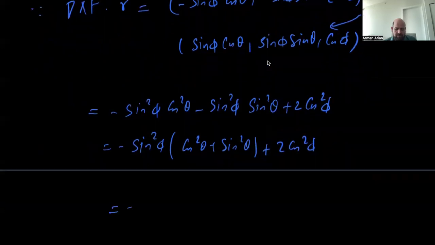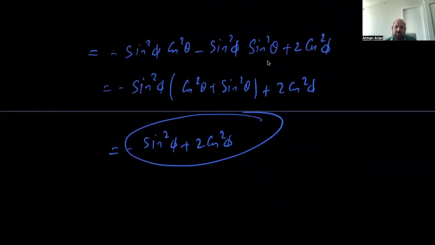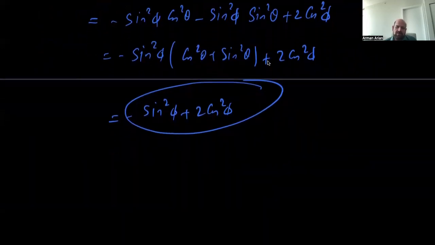So the answer becomes minus sine squared phi plus 2 cos squared phi. So this is the dot product between curl and the vector n hat, which is in the direction of vector r hat times sine phi. n hat dS was r hat sine phi d phi d theta.